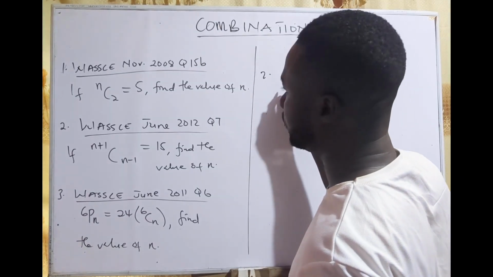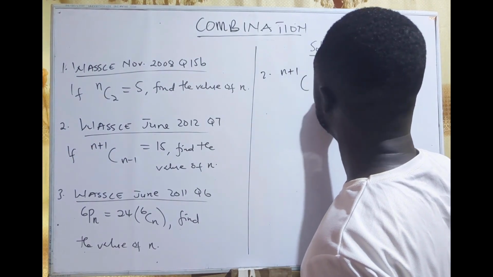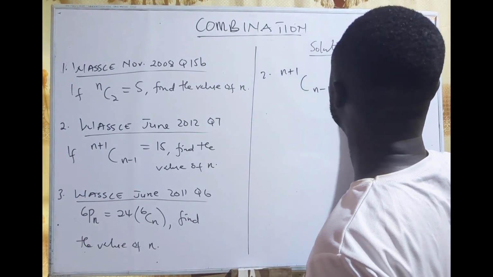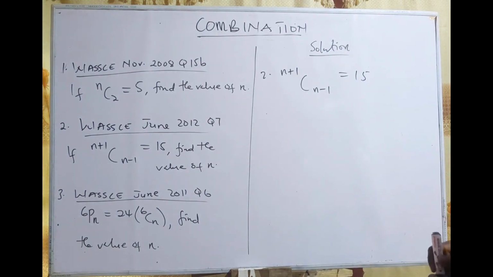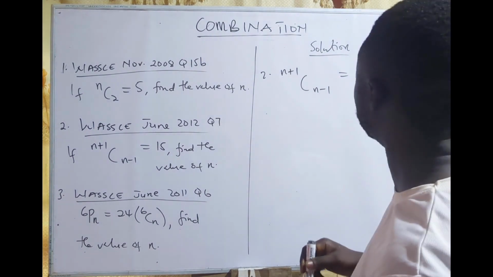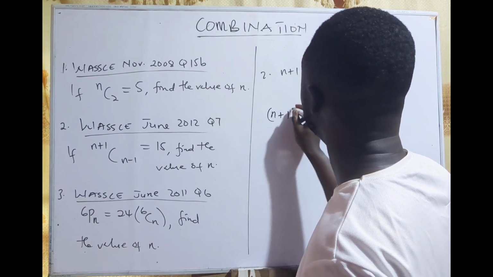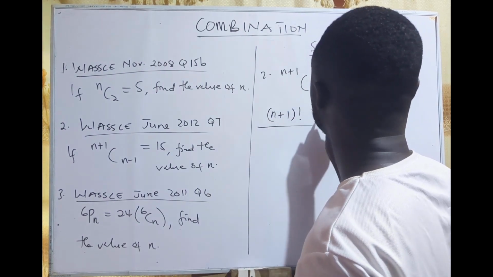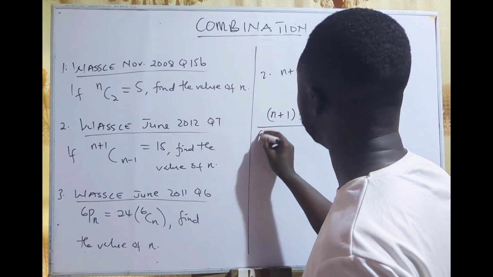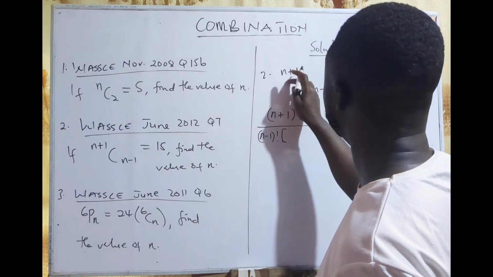Question 2. You have n plus 1 combination n minus 1 equal to 15. So what we are going to do is, we know that this one is n plus 1 all factorial divided by n minus 1 factorial, then we have this minus this.